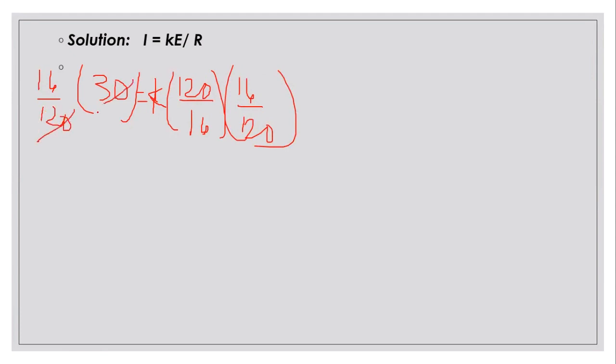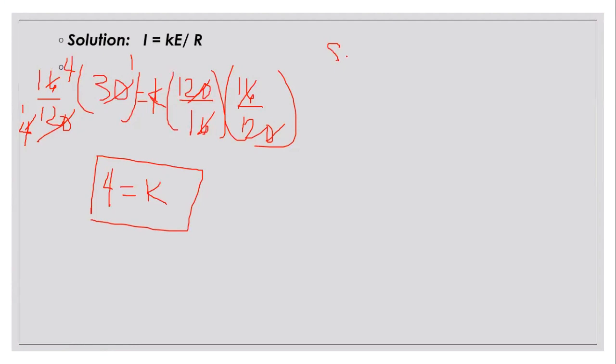Then simplify 30 and 120. 30 divides 30, we have 1. 120 divides 30, we have 4. Then simplify 16 and 4. 16 divides 4, we have 4. 4 divides 4, we have 1. So 4 is equal to k. So that cancels out, and our k is 4.